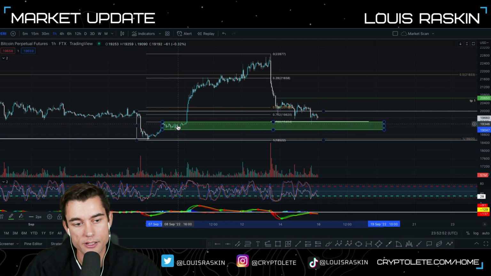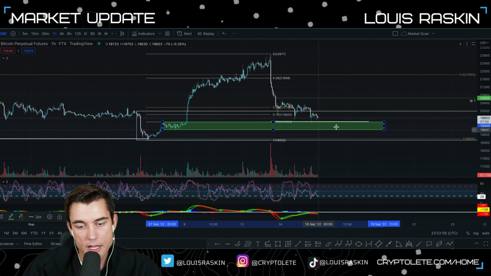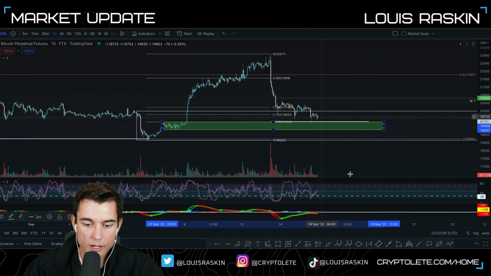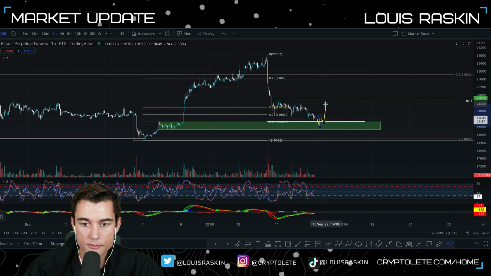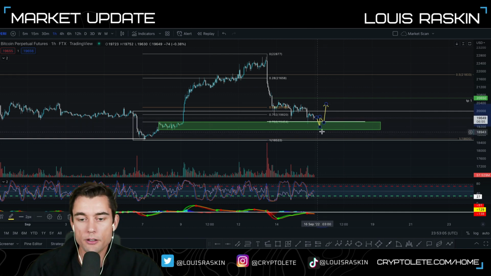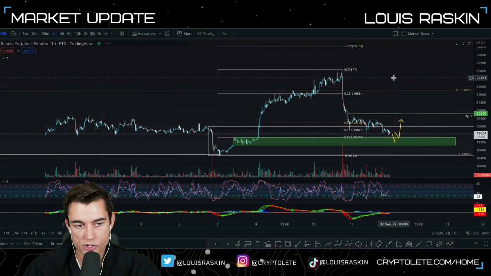And so there is demand in this zone, as you can see from this wick into this zone. So if we get into this zone and then we get a wick back up, that would be the trigger to go open up a long position for a trade.